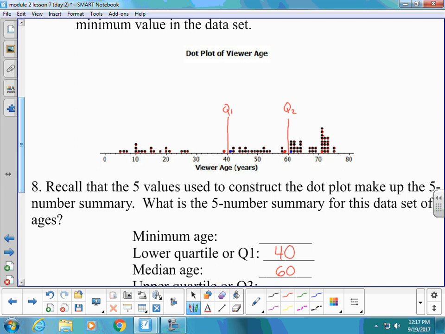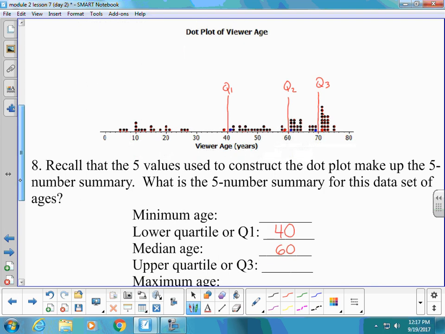So there's my 20th dot. And that would mean I'd have 20 over here, the blue and the red one. So in the middle of those two dots is 70. So that would be my Q3. Okay, so 70.